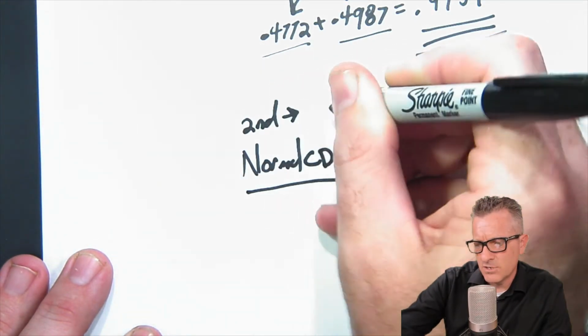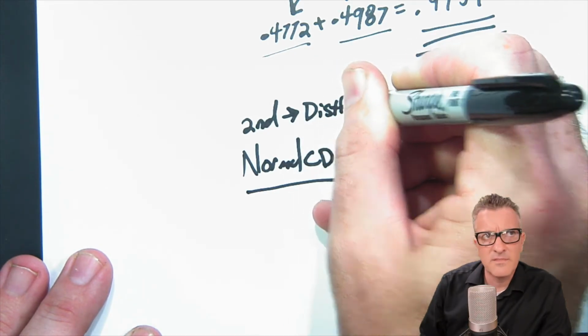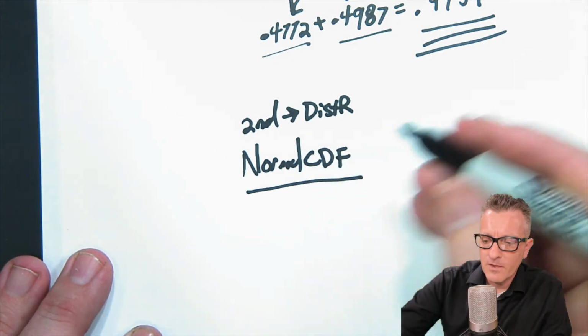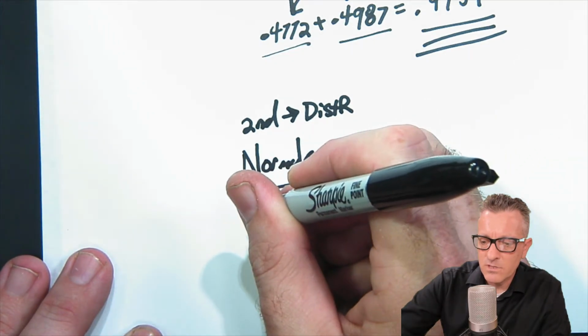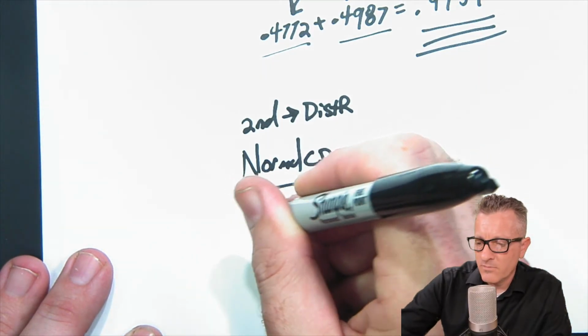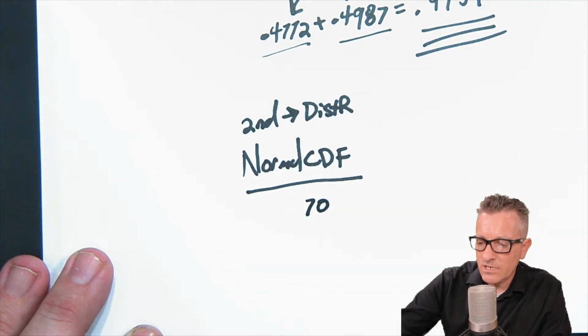I think it's DISTR, something like that. Then your lower limit would be 70, and your upper limit would be 120.